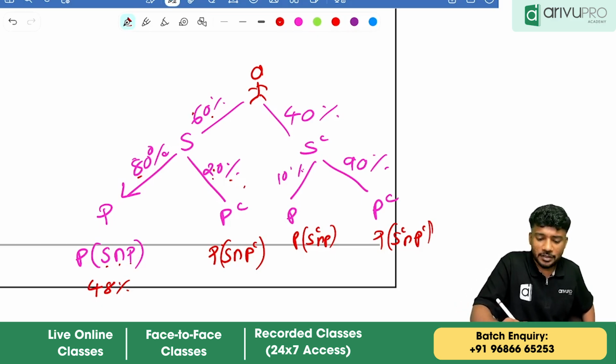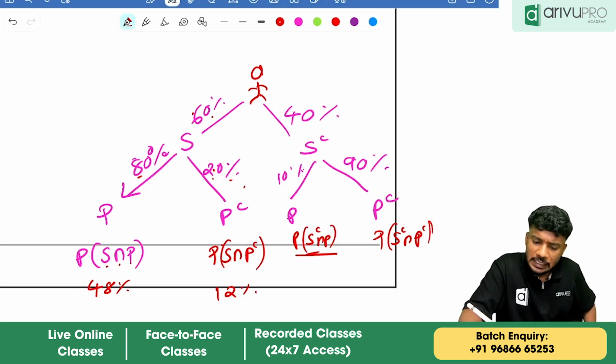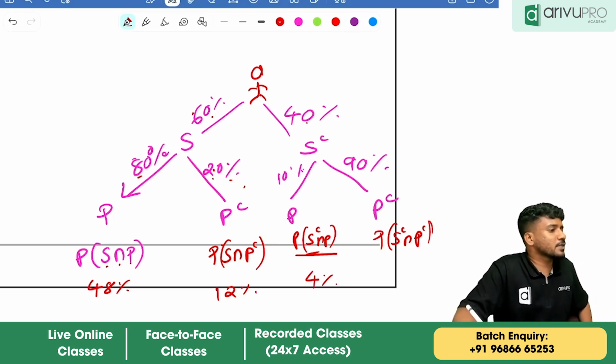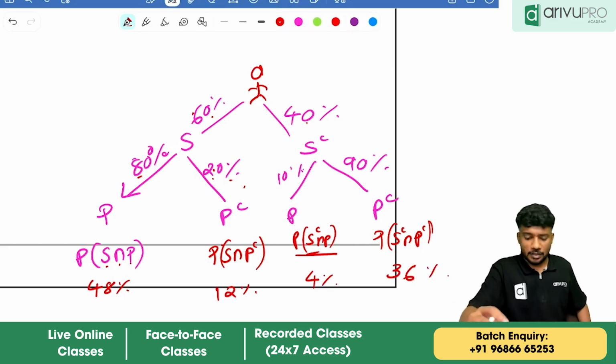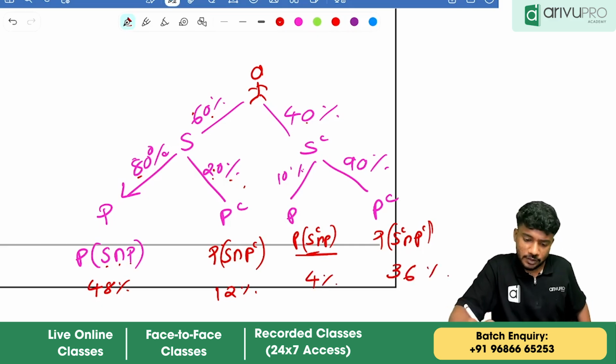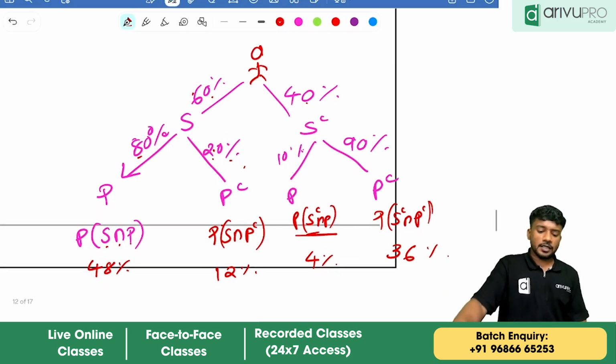That is nothing but 12%. Then here a person doesn't study, that is 40%. Then passing is how much? 40% into 10% will be how much? 4%. Then not passing will be 90% into 40%. That will become 36%. Correct? Now check this.